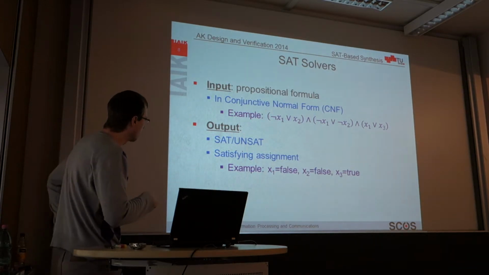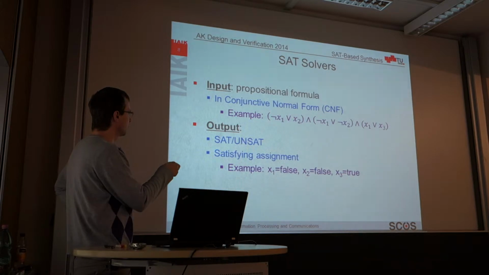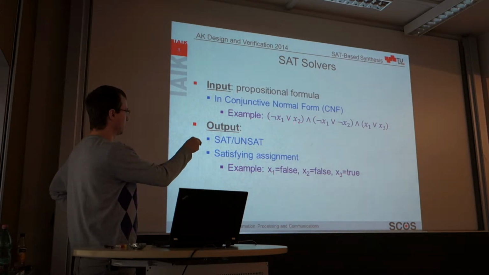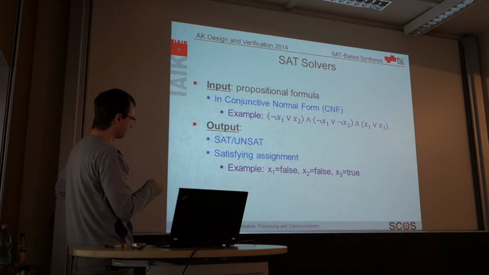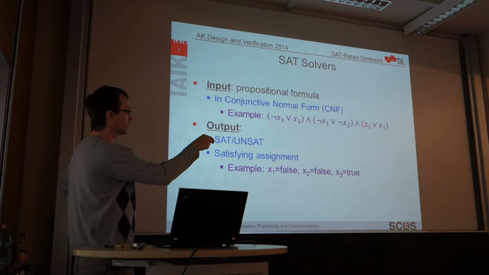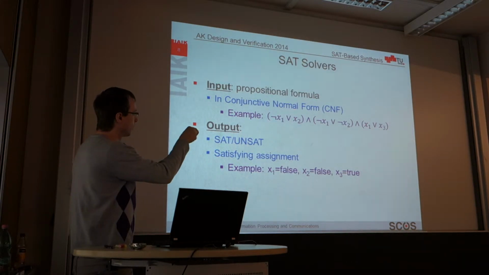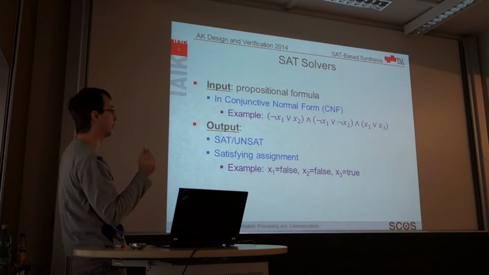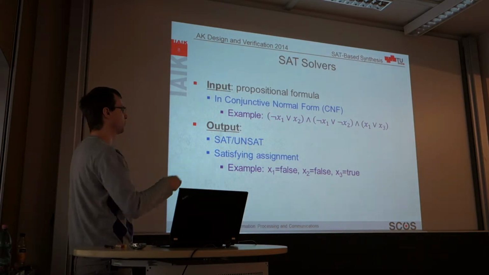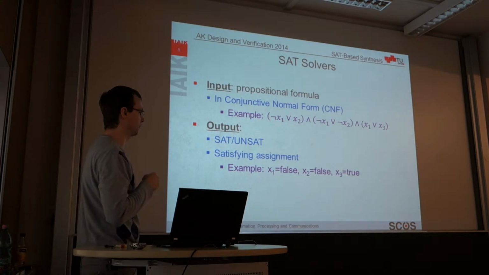So for our formula, for instance, a satisfying assignment could be to set x1 to false, because this makes this clause and this clause here already true. Then we also set x3 to true, which makes also this clause here true. So all the three clauses which are conjuncted are already true. And actually x2 is completely arbitrary. You could also set it to true and would still have a satisfying assignment.